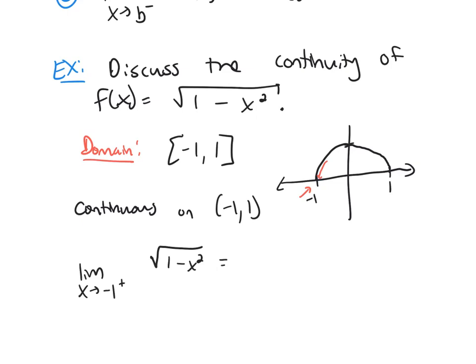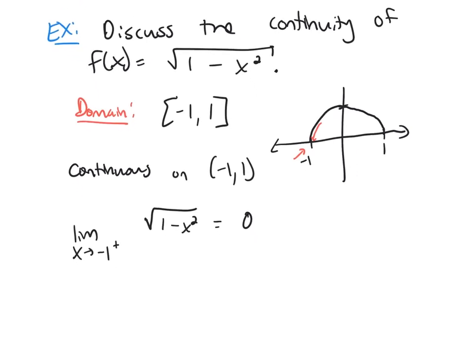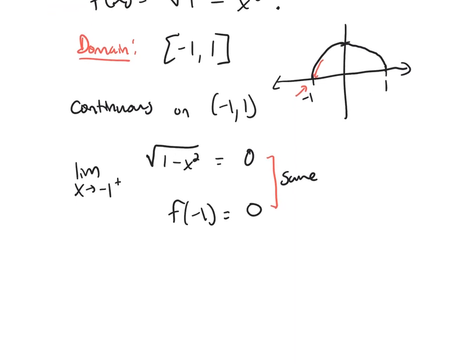My y values are getting closer and closer to 0. And this is also the same thing as plugging -1 into my function. So I notice that these are the same. They're equal. That was the second condition I needed to check.